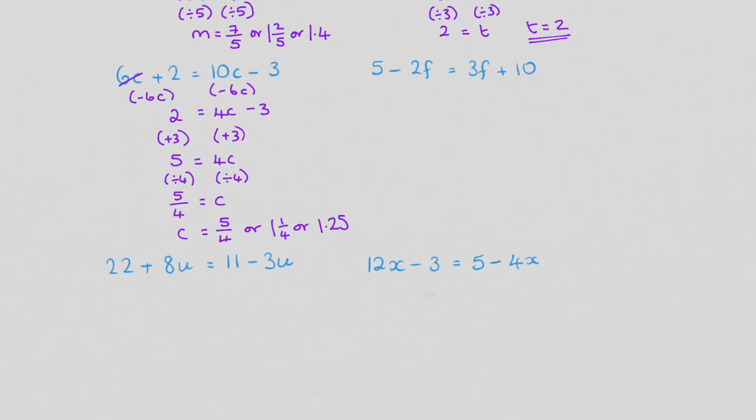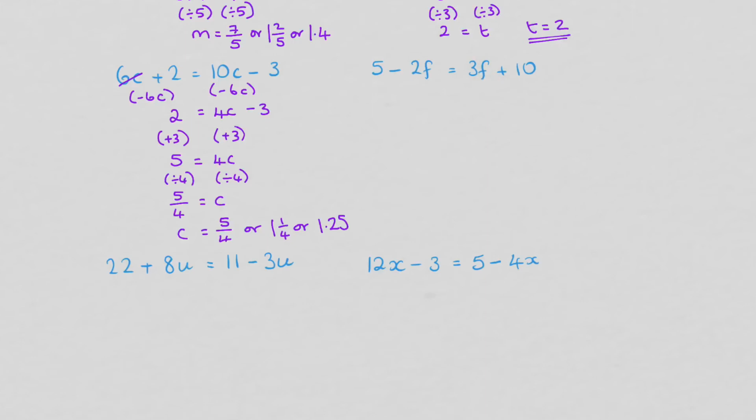Okay, next one. So here we've got, again, letters on both sides. Take note though, these letters are negative. Okay, these are positive. So if we're removing these, if these are the ones that are moving, you add 2f to both sides. If these are the ones that are moving, you take away 3f from both sides.